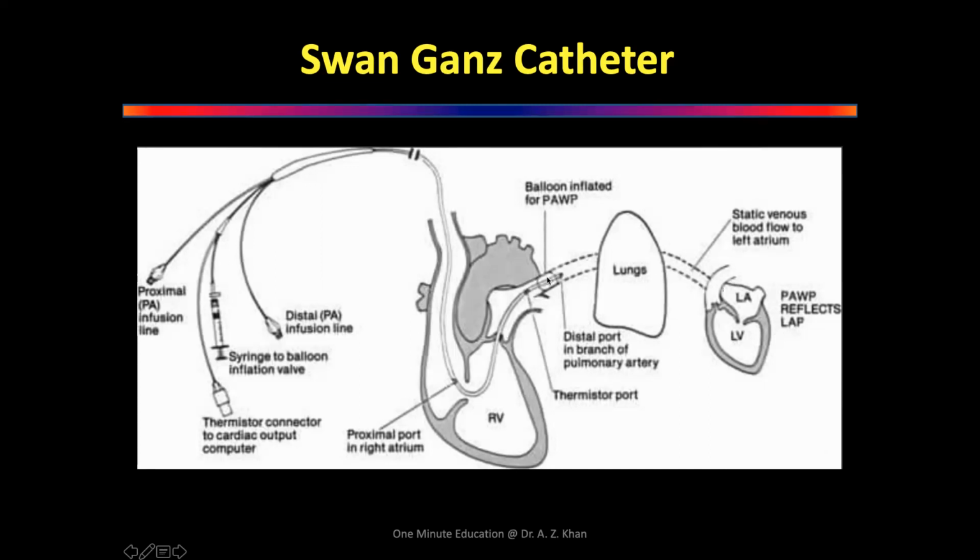The moment you inflate the balloon, the proximal pressure changes will be dampened. This pressure will not be reflected here. A sensor at the tip of this catheter will directly measure this pressure. And if the lung circuit is normal and there is no pulmonary embolus or pulmonary hypertension, this pressure will indirectly represent left atrial pressure.